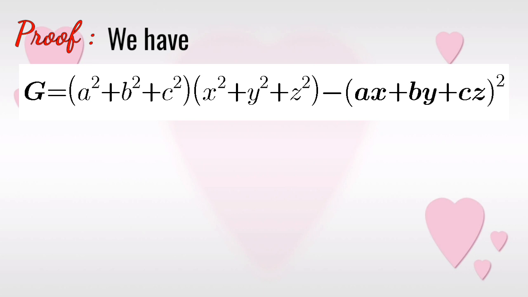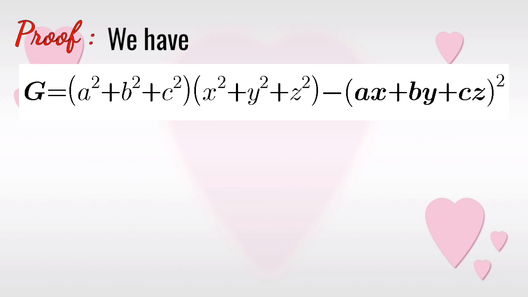Now let us see how we can prove this. We have G = (a² + b² + c²)(x² + y² + z²) − (ax + by + cz)². This is what we have taken from the question itself.